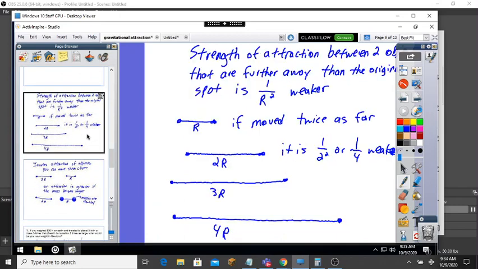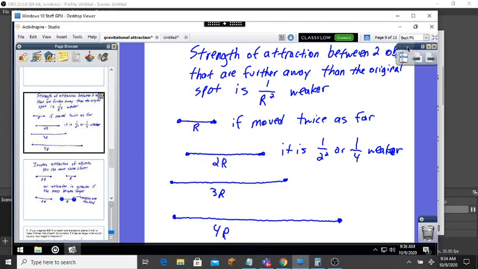So this slide just explains the gravitational attraction between two objects. If they are further away than the original spot, it's going to get 1 over r squared weaker. The r is the radius, how far apart they are. Okay, so if you have an object from here to here, let's say this is the radius.